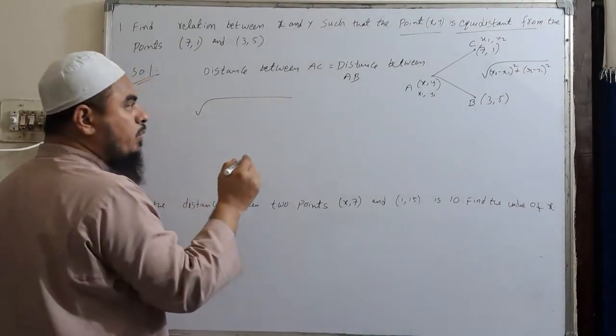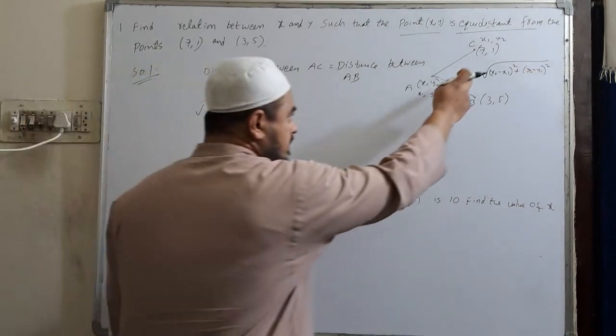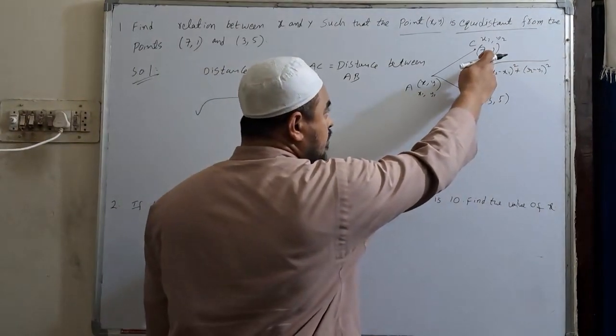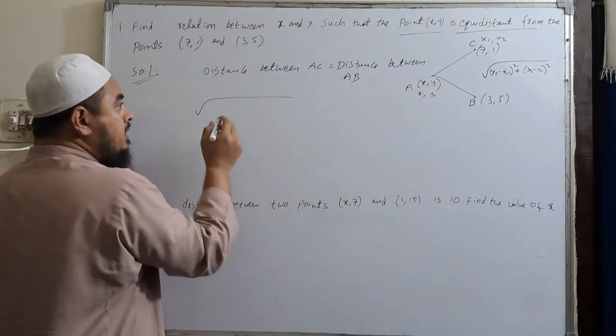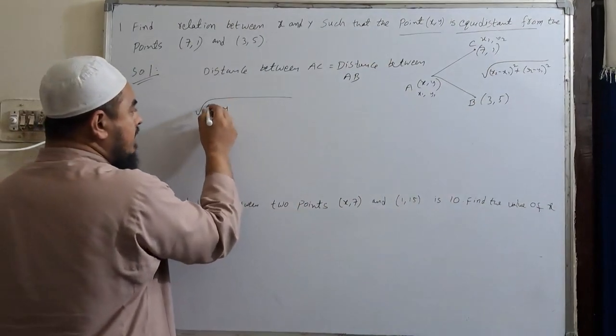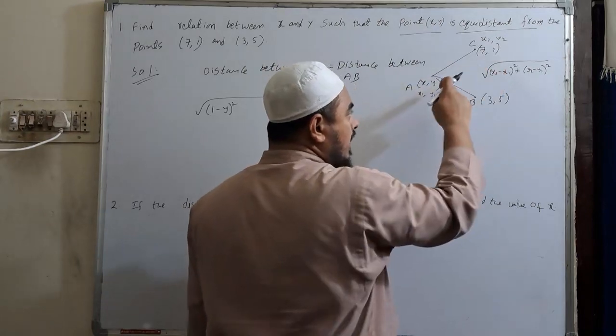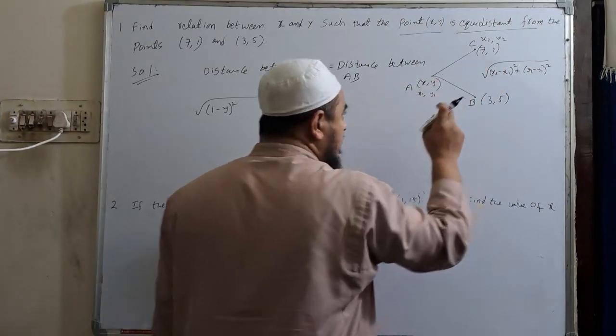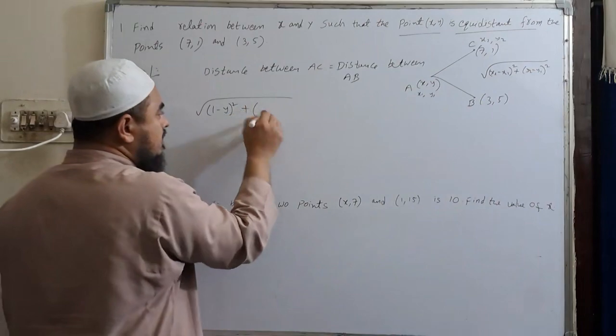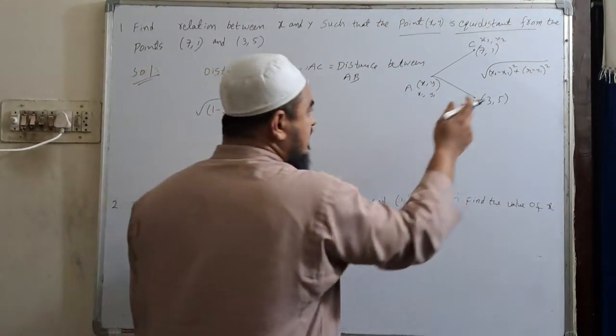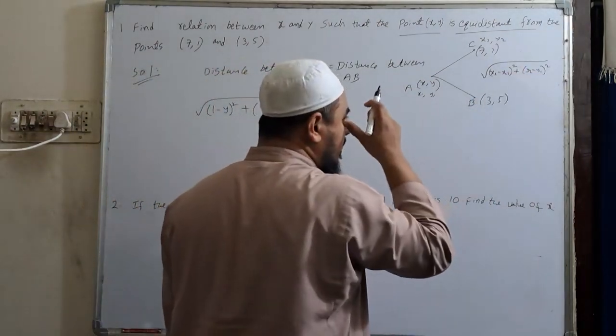So we take the square root. We have y2 minus y1, that is 1 minus y. Here y2 is nothing but 1 and y1 is y. Then plus, you can take x2 minus x1 first, or y2 minus y1 whole square, anything.